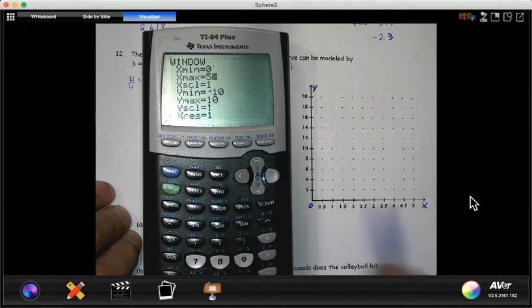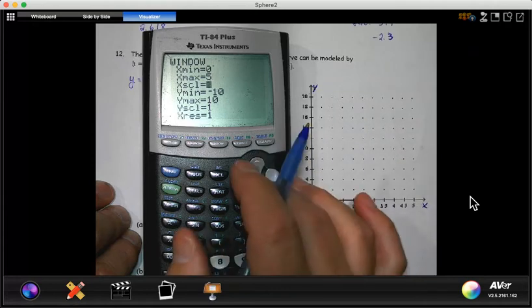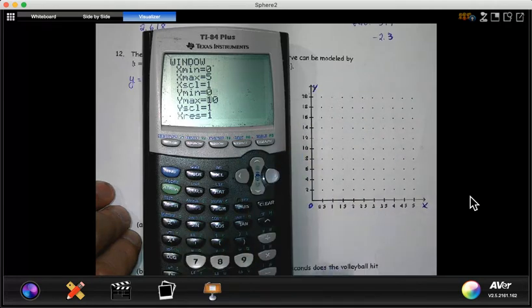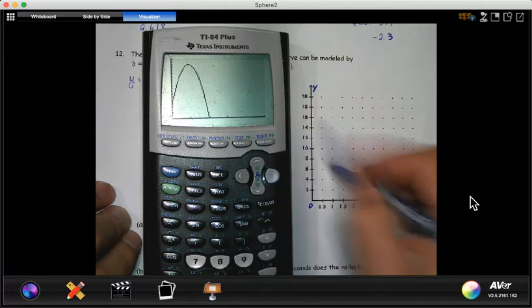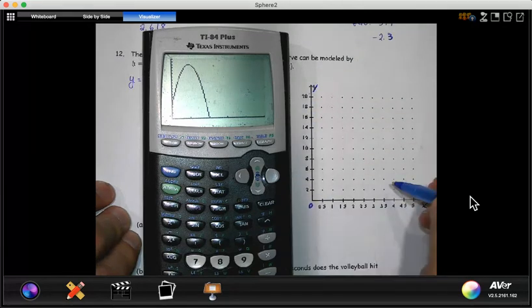So 0 to 5. And then the y's go from 0 to 20. So the y min is 0 and the y max is 20. So there's my window, and when I hit graph, you'll see the same window right there. Because if I do a zoom 6, I'm not going to see everything. So I've set a window for you guys.